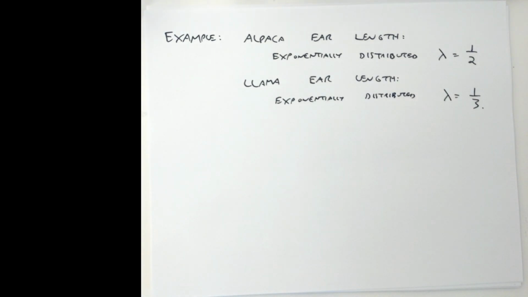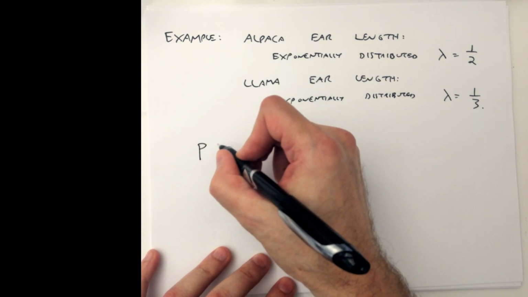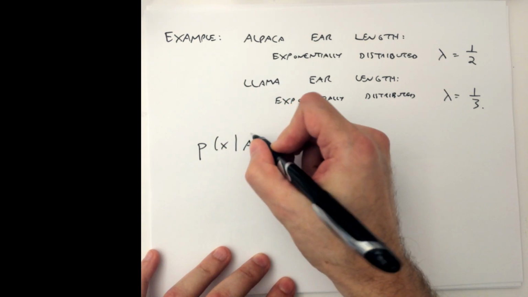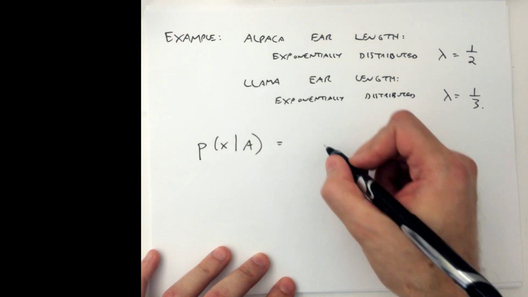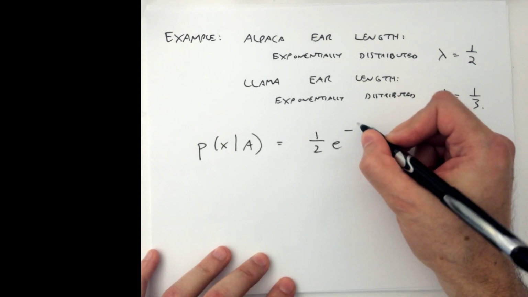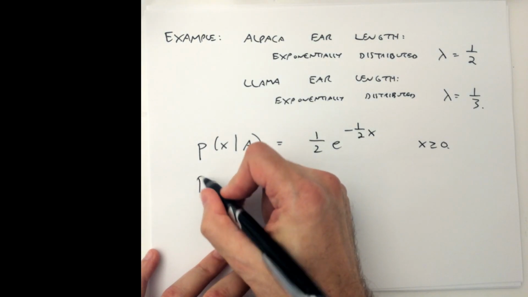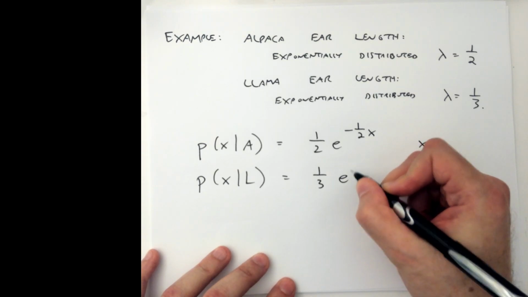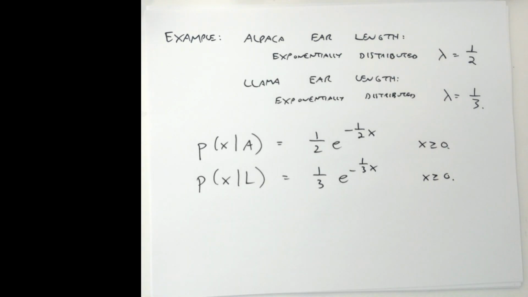If you don't remember what an exponential distribution is, let me remind you that basically this is like saying that the probability of x given alpaca, right? This is like the likelihood is 1/2 e to the minus 1/2 x for x greater than or equal to 0. So here I'm just writing down the exponential PDFs.